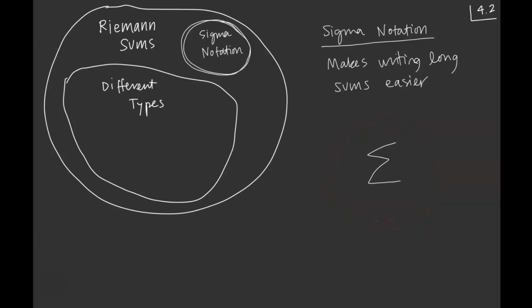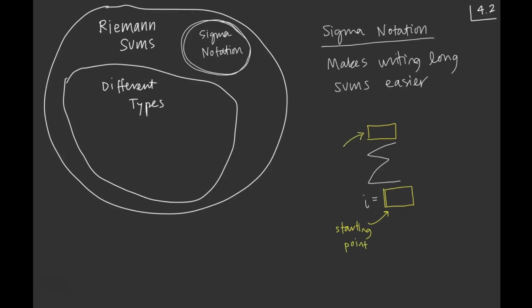And one of the first things that you will encounter with this notation is a starting point and a stopping point. Down below the sigma is usually written a place where you're going to start your counter. And right above the sigma is a place that you're going to stop your counting. So i equals, this is going to be a starting point.